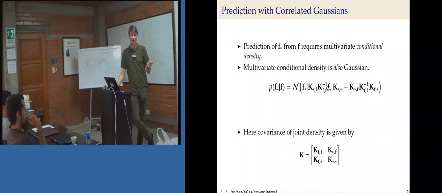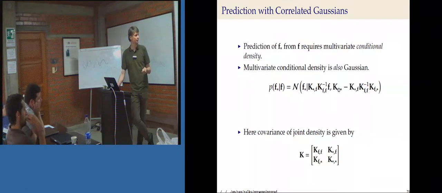Now, note a couple of things. If f star is equal to f, then this k star f is kff, right? So if the test is the same as the training, this is just kff times inverse kff times f, which is f. Yeah? And if that's true on this side, we get kff minus kff inverse kff, which is just kff minus kff.